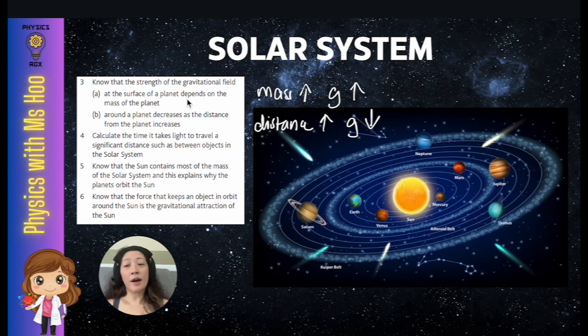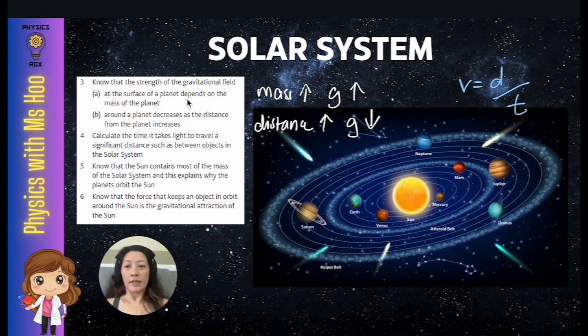You also need to know how to calculate the time it takes for light to travel a significant distance between objects in the solar system. So for this, it's very simple. You just need to use the speed formula, which I'll write over here. So the speed, which I'll write here as v, is quite simply distance over time.